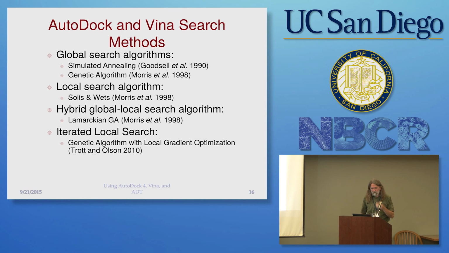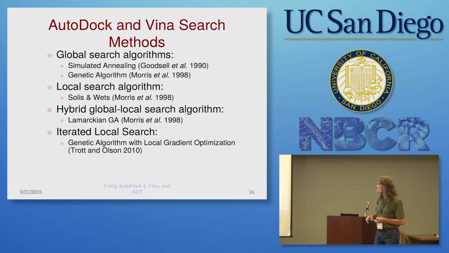Okay, so in the AutoDock suite, we have a number of different search methods available. The original one that I wrote was a simulated annealing method, but very quickly after that, we moved to genetic algorithms, where you create a gene, a digital representation of the variables that you're trying to optimize, and then use things like crossover and mutation to explore the range of those parameters.